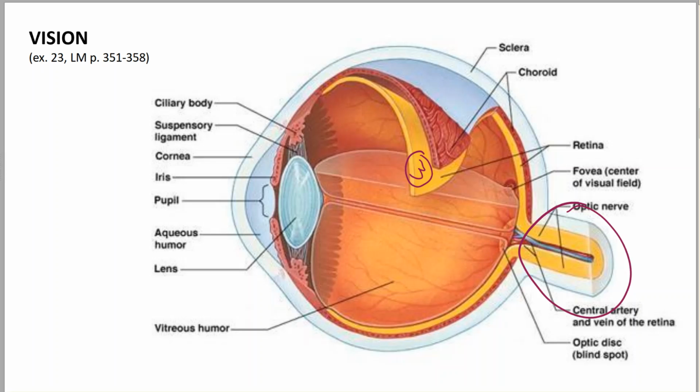Imagine your retina is like a big IMAX screen that is pushed up against the posterior surface of your eyeball, and we need something to hold it in place. That's what this jelly blob is. Do you see that there's this jelly blob in here? That jelly blob is called vitreous humor.